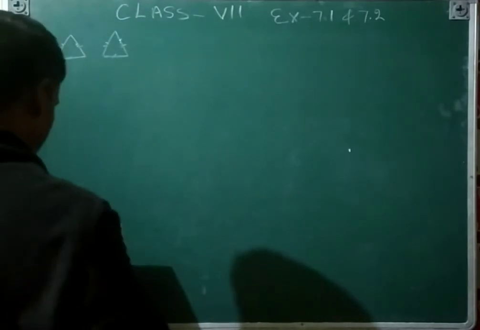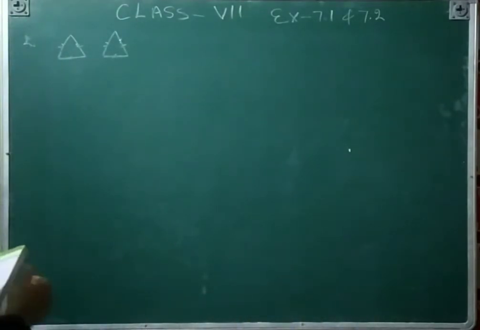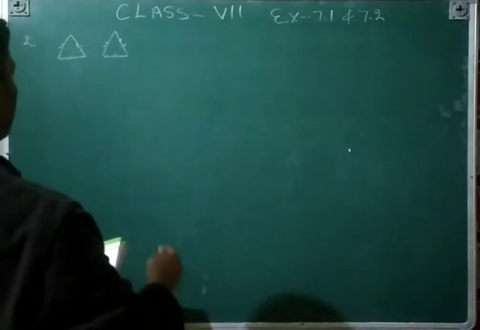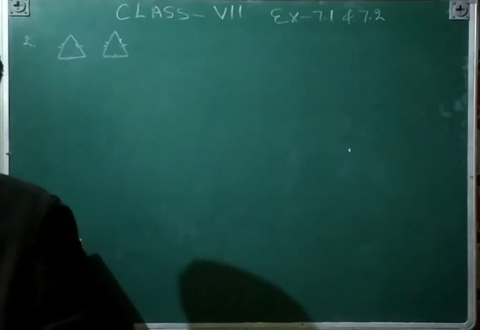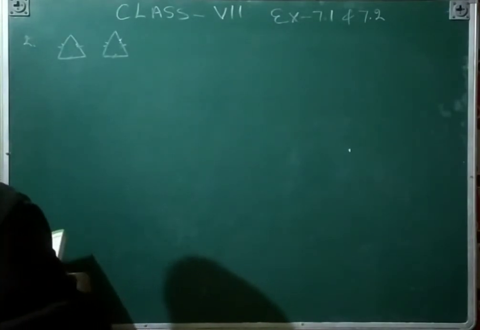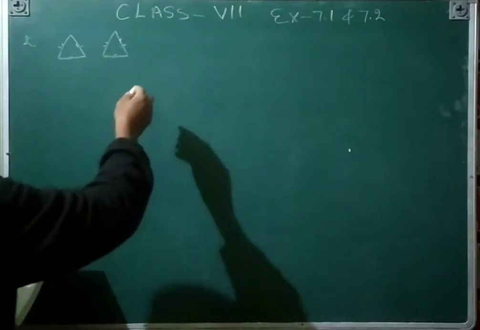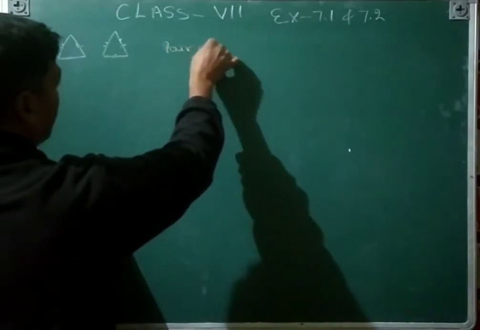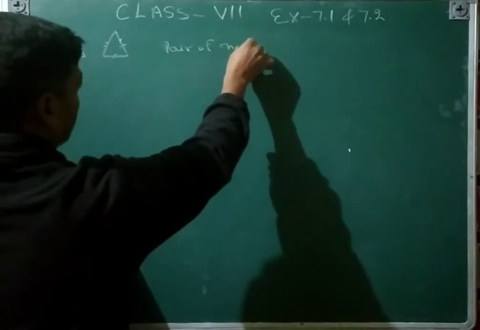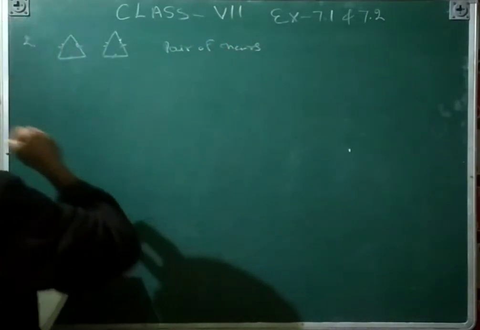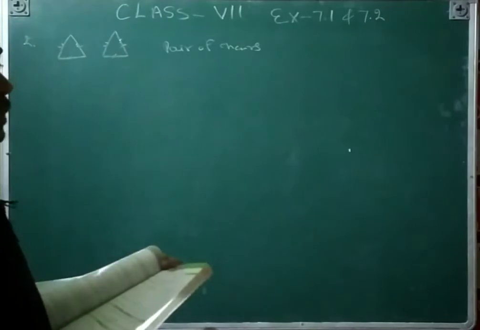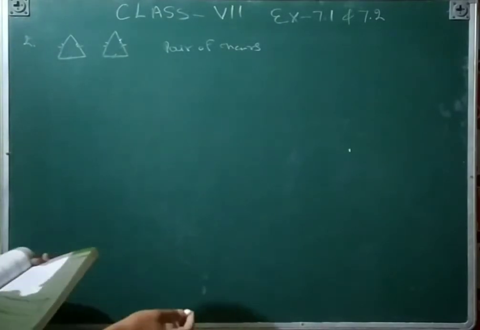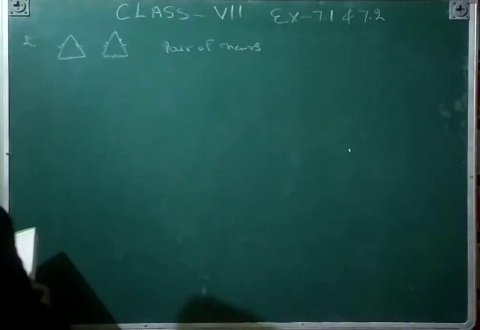This is congruent. You can see many examples at your home, like a pair of chairs, which are also congruent, and a pair of tables also. Many more examples are there.